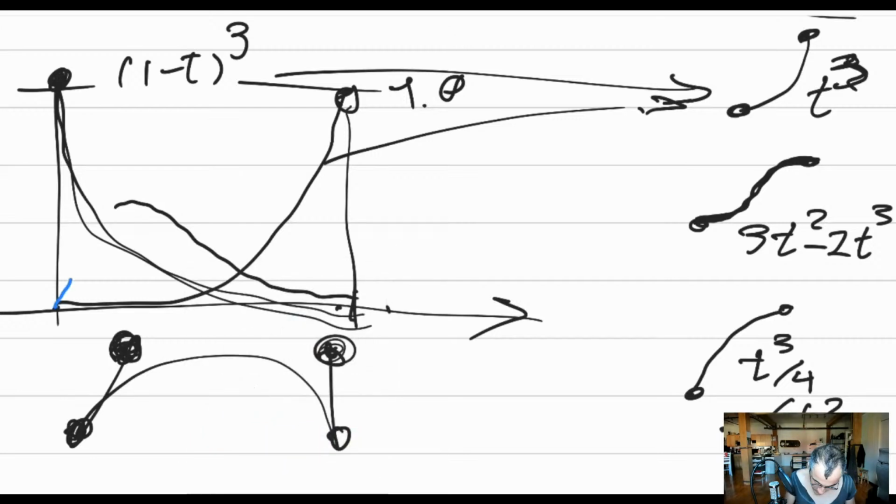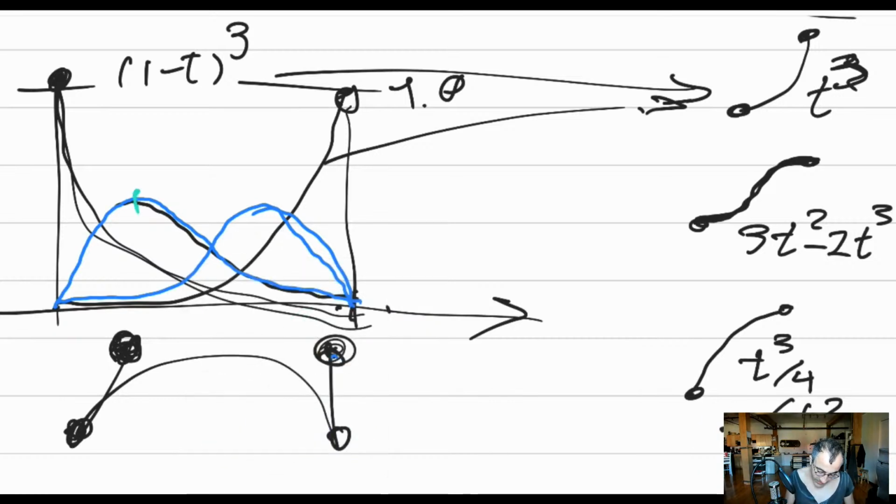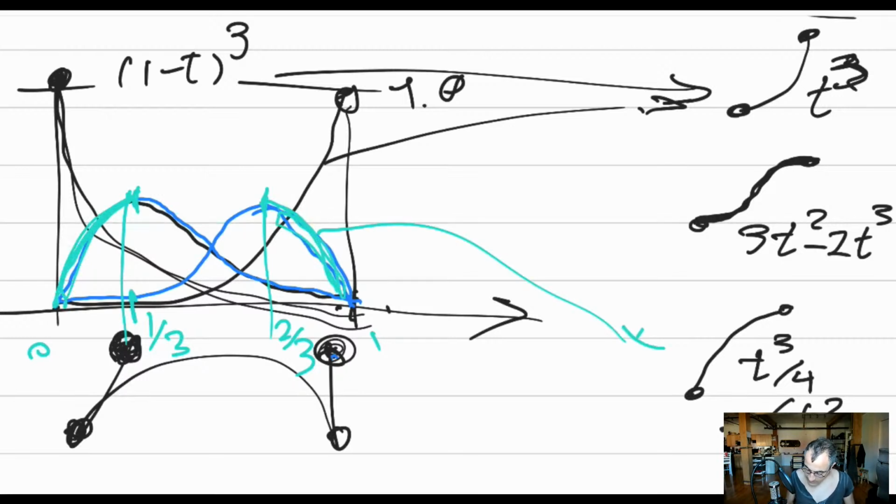So the contribution of the first handle looks like this, and the second handle, it looks like this. Well, the way I've designed my system is that, this is 0, 1, this is 1/3, and this is 2/3. They peak there. The way I've chosen my function, this shape as well as this shape are just this.